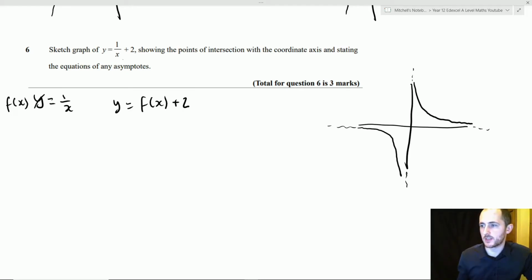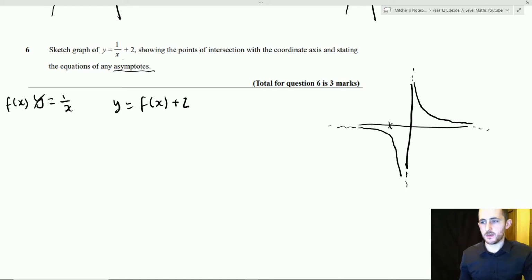If I drag the graph upwards, it is going to meet the x-axis at a point over here somewhere. So we need to be really careful of that. It also means the asymptote is going to move upwards, which we have to label, giving the equation of any asymptotes, as it says in the question. But this asymptote along the y-axis is going to remain identical to what it looks like now.